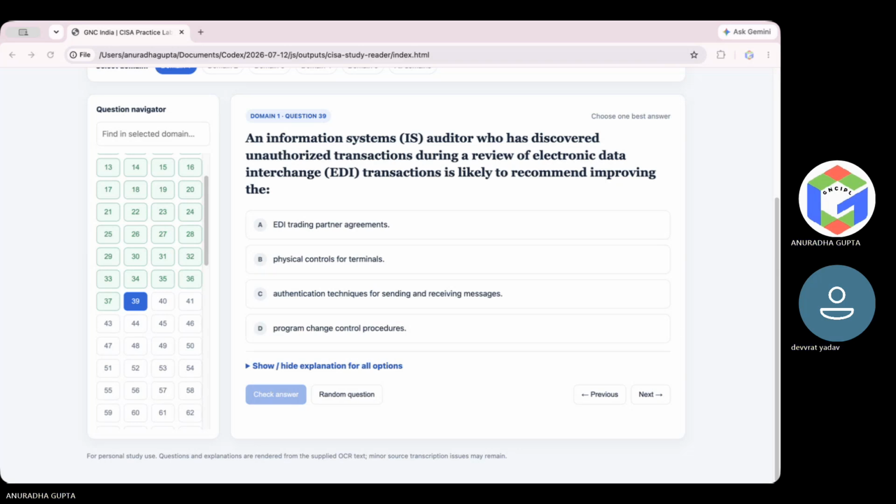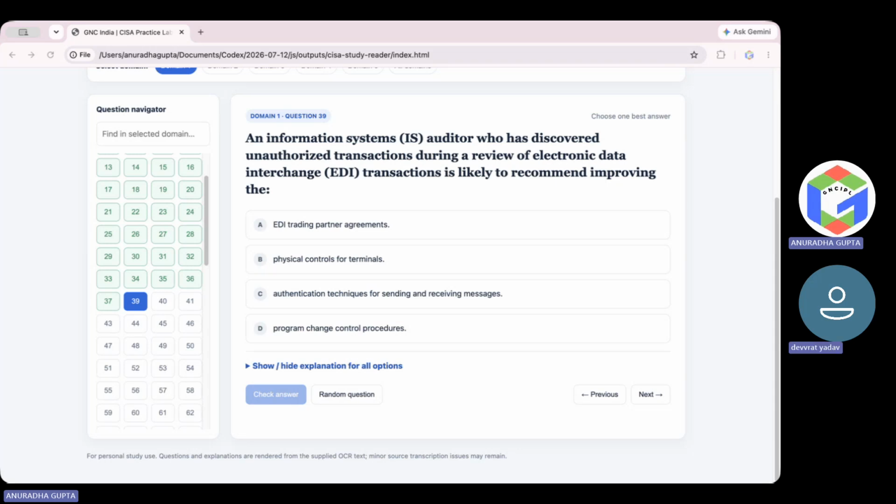Most of the candidates have the mindset that if they only go through the questionnaire dump, they will clear the exam. The thing is that you need to be aware of the concepts, because these questions are based on scenarios, and a scenario can be of any type.